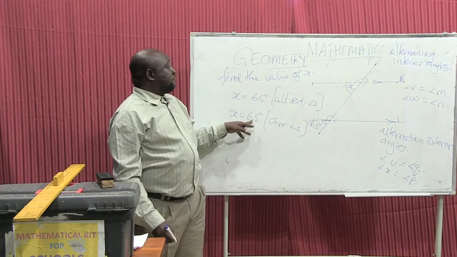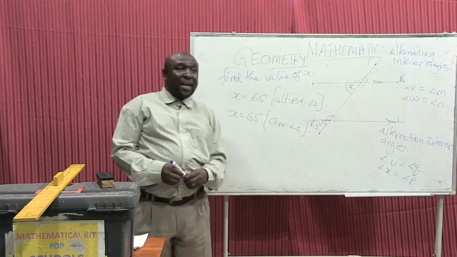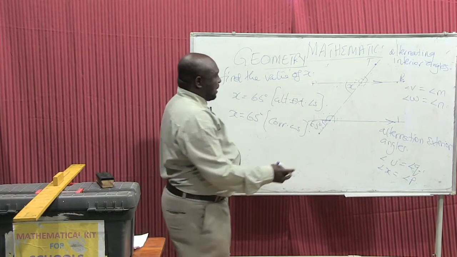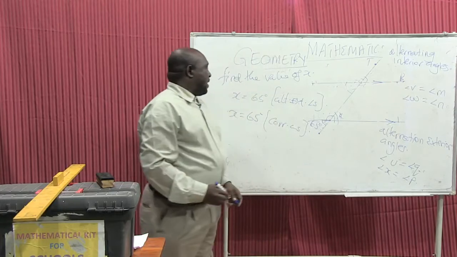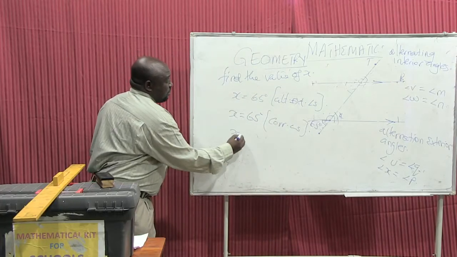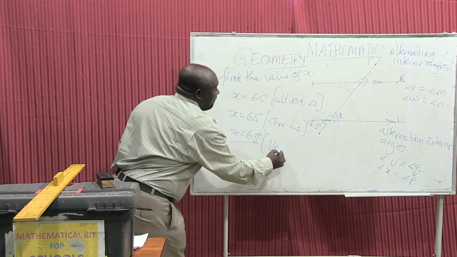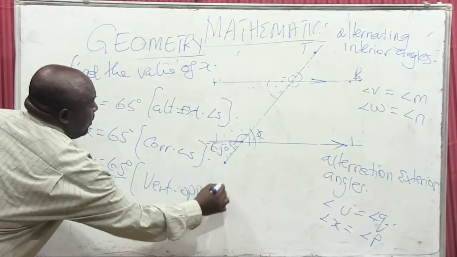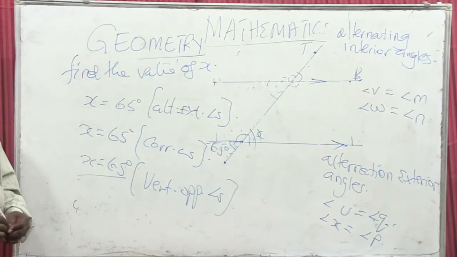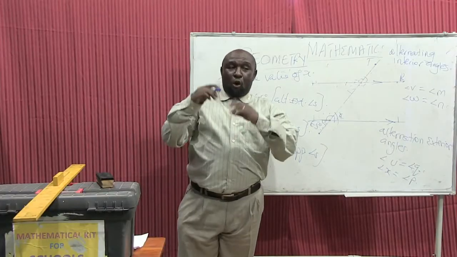X is equal to 65 here because they are corresponding angles. But you can put X here. Again, X will be equal to 65 degrees. Reason: vertically opposite angles. Now, X equal to 65, the vertically opposite angles.